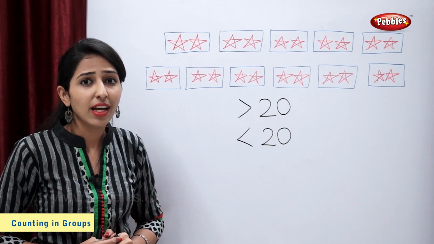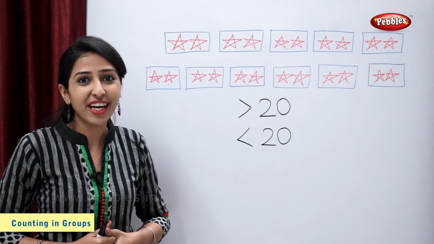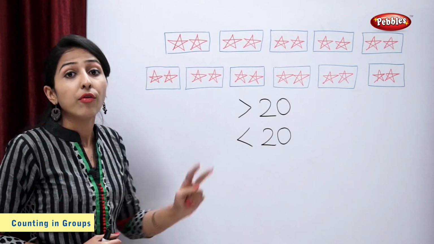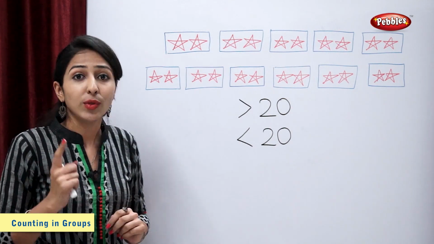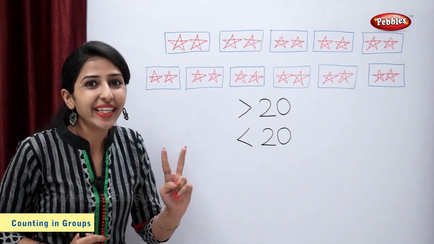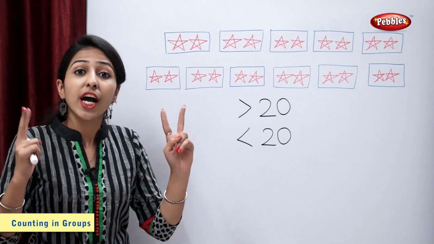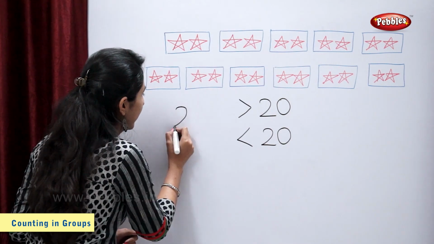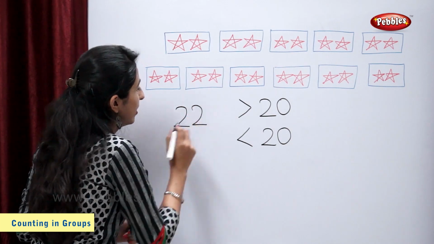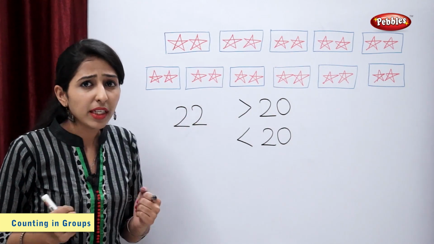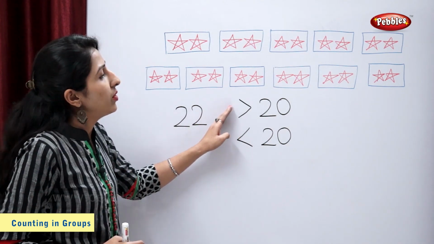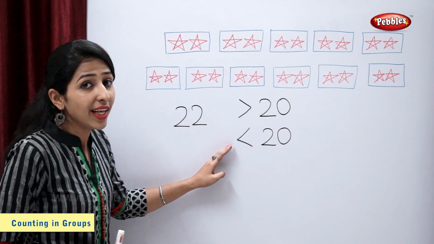Tell me students, now what is the total number of stars? 11 pairs with 2 stars each. So that is equal to 22. So we have 22 stars. Now tell me students, is 22 more than 20 or less than 20?